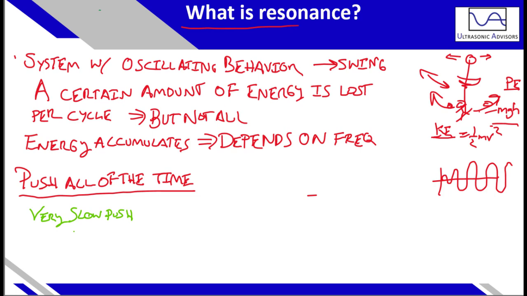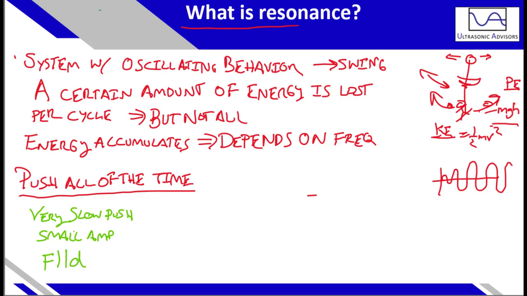Now, kind of logically, you would have a small amplitude. You wouldn't go very high up the swing. And the applied force would also be in phase with the displacement.